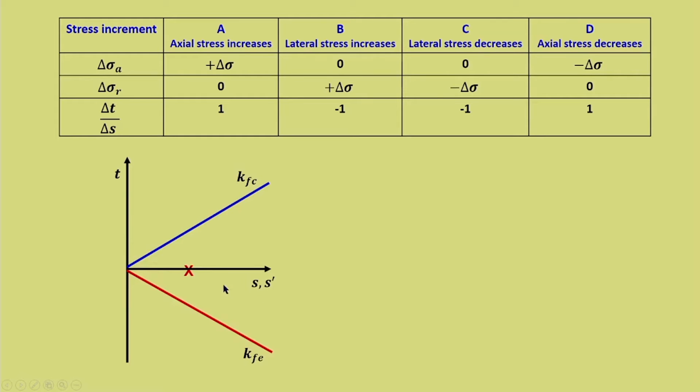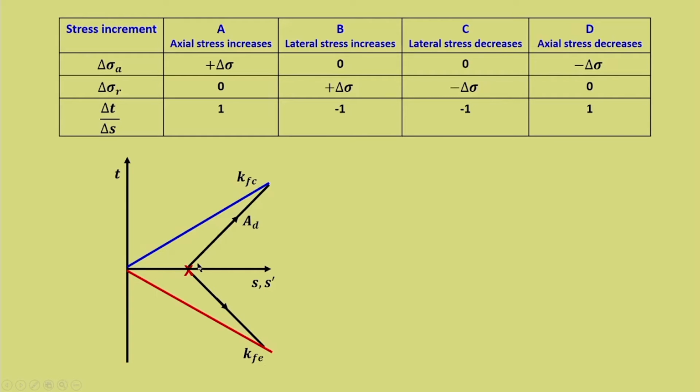This is a t-s-s' plot, and let the starting point be the same, let us assume. The first stress path, corresponding to case A, is a typical drained stress path. So, let us first talk about the drained stress path, and this is at an inclination of 45 degrees, and AD represents the case A. Now, case B, that is lateral stress increase, it is towards extension.